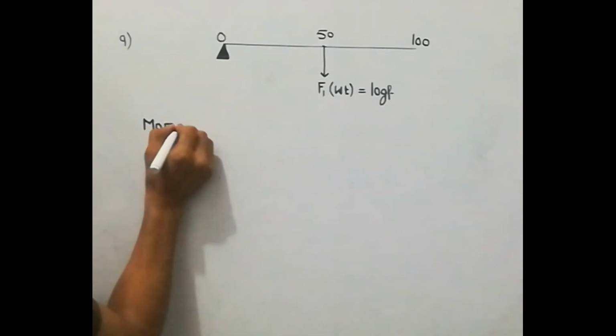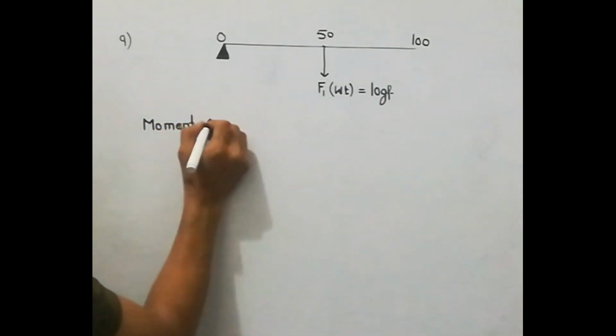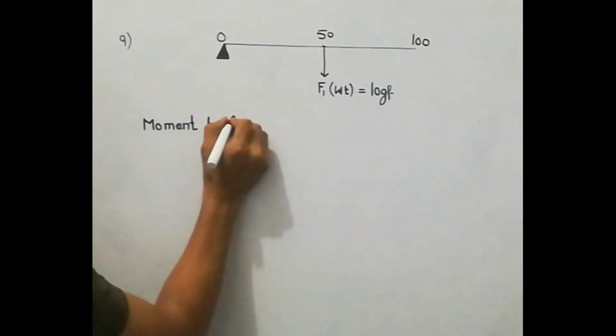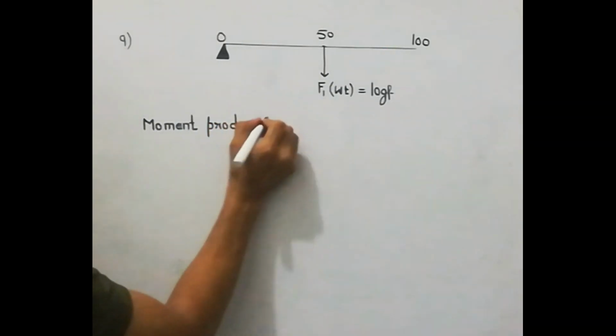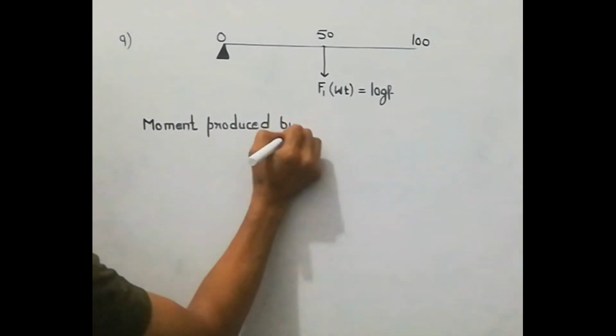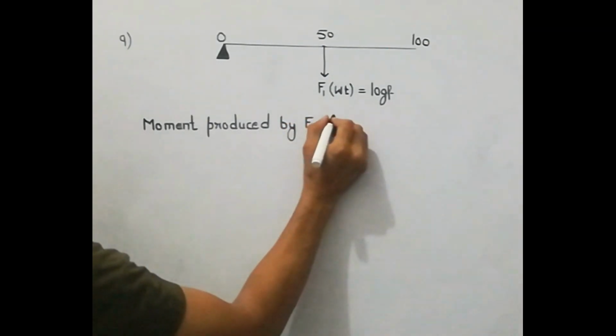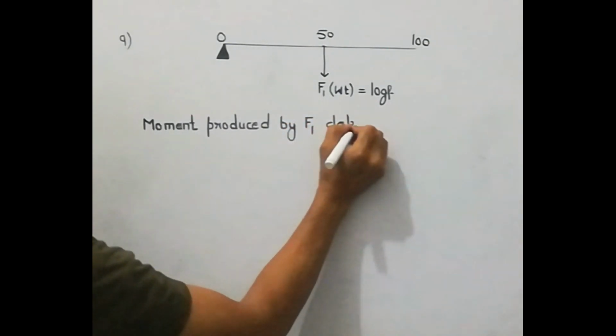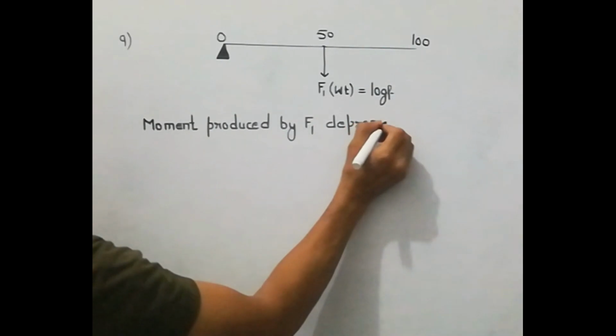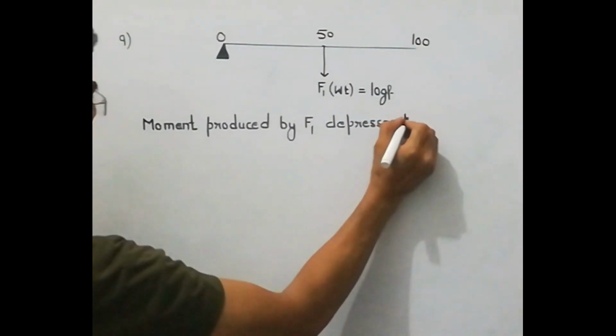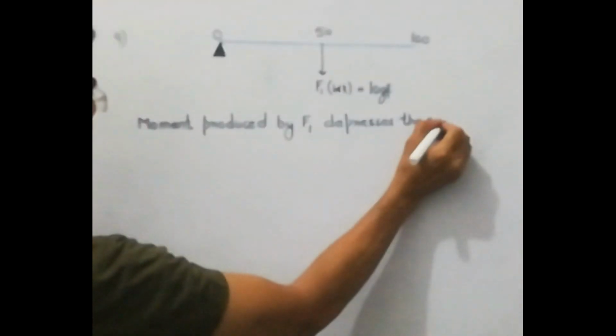So moment produced by F1 depresses the scale.